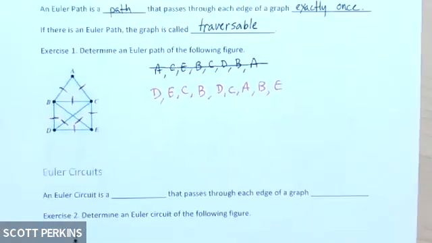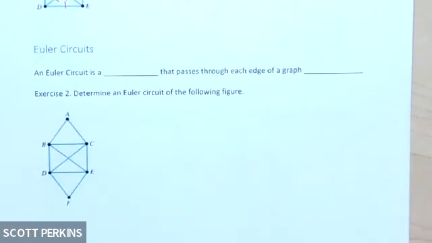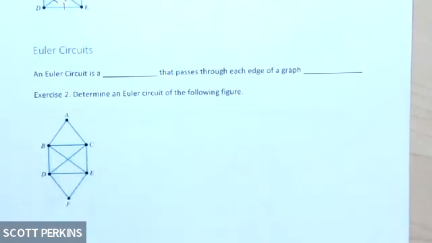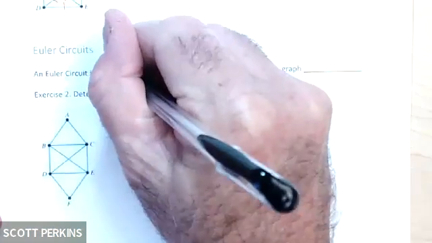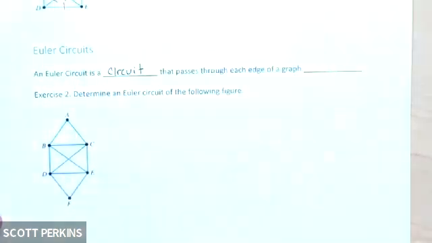The other one is called an Euler circuit. And we already mentioned a circuit is just a path, right? It is movement across my graph. It's going along the edges. A circuit is a path that starts and stops at the same place. So an Euler circuit, again, is a circuit. So it's a specific type of circuit.